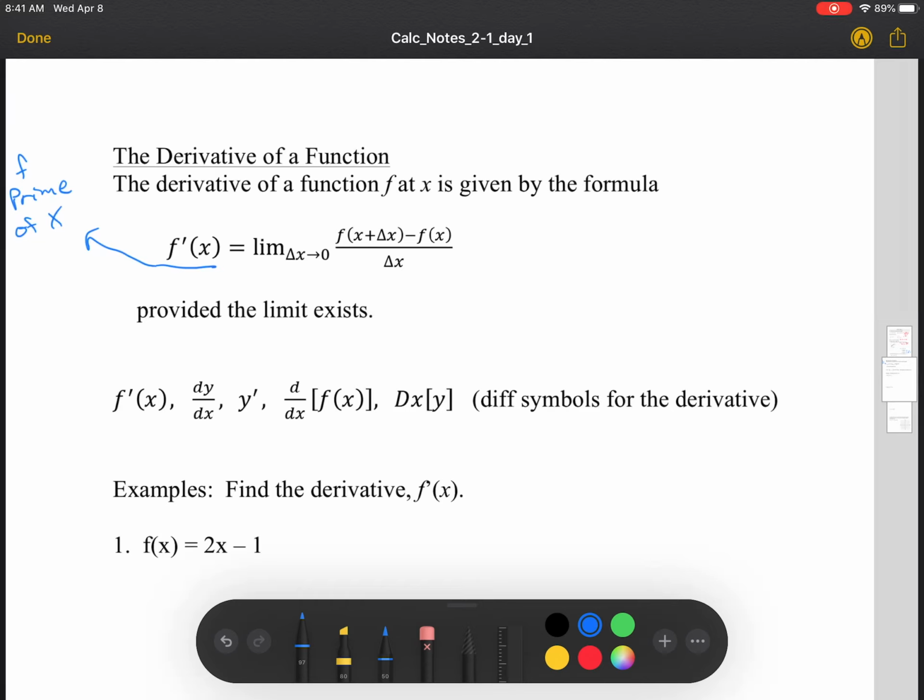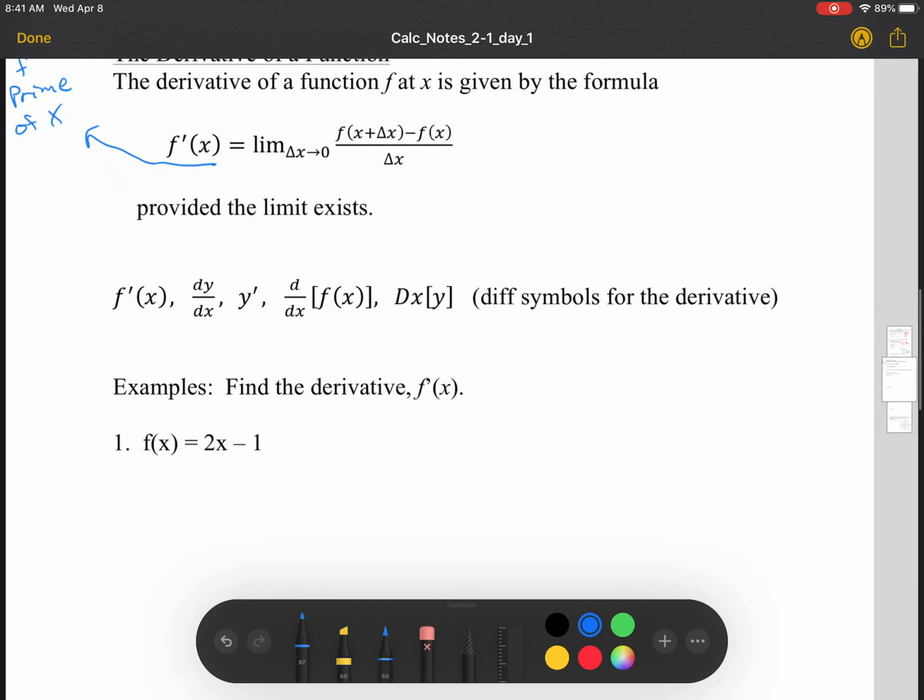F prime of x equals the limit as delta x goes to 0 of our difference quotient. This holds if the limit exists. There are different symbols for f prime, as you can see. You'll be seeing this a lot in calculus going forward. Y prime is the same thing as f prime of x.